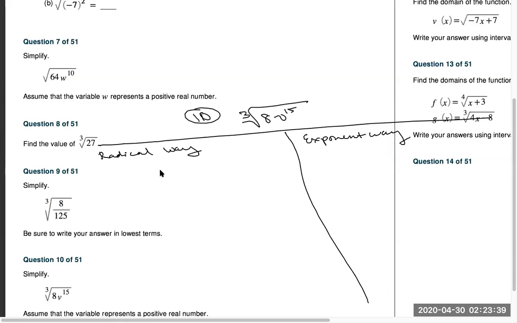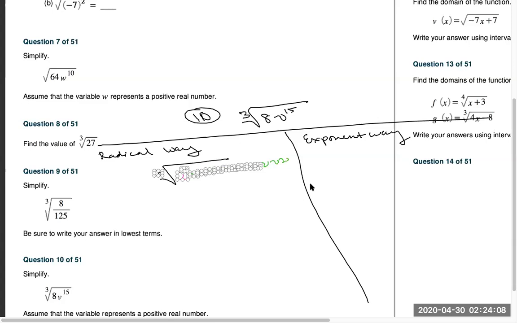So over here we have the cube root. We know that 8 is going to be 2 cubed. And v to the 15th, I hate to do this, but I'm actually going to write out all the v's. 1, 2, 3, 4, 5, 6, 7, 8, 9, 10, 11, 12.